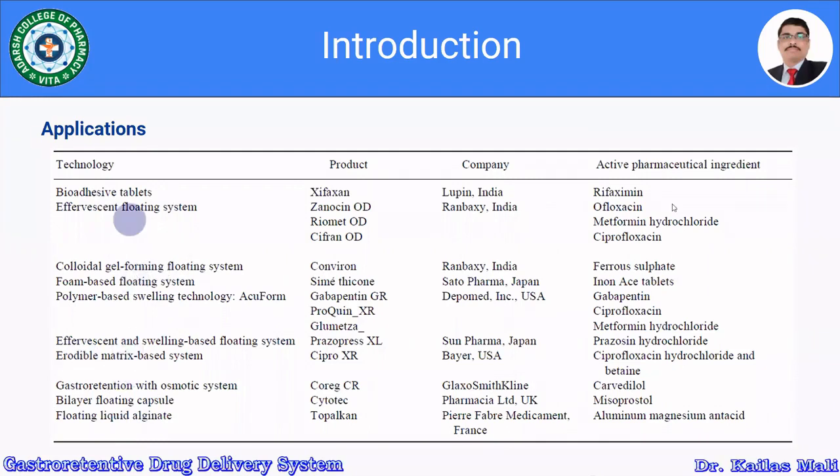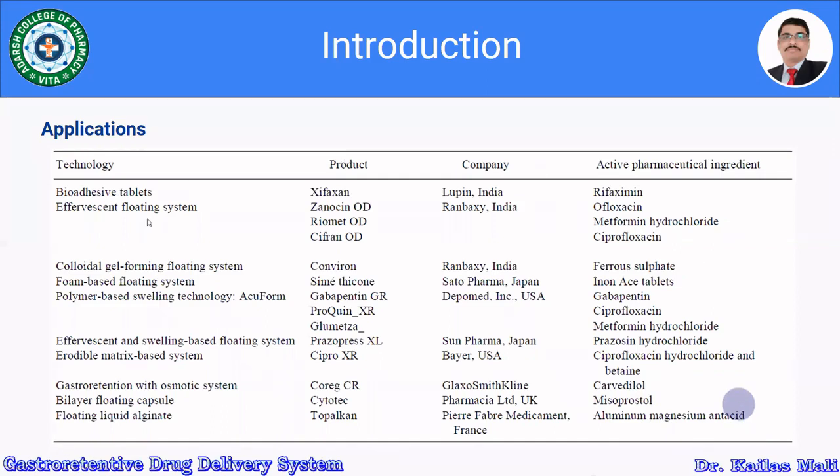The APIs which are present, for example, certain antibiotics, it is possible to formulate the antibiotics into the gastro-retentive formulation. Say for example, ofloxacin, then certain anti-diabetic drugs like metformin, then the anti-infective ciprofloxacin, hematinic like ferrous sulfate, then the anti-epileptic gabapentin, then prazosin hydrochloride, then carvedilol, that is the antihypertensive, then misoprostol, and aluminum magnesium antacid.